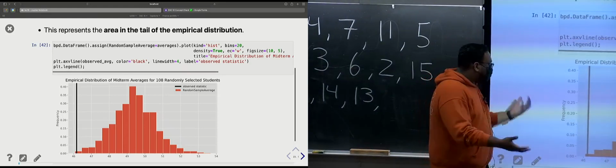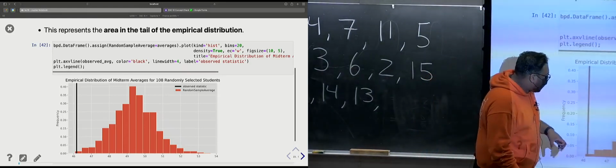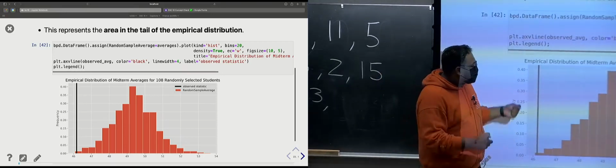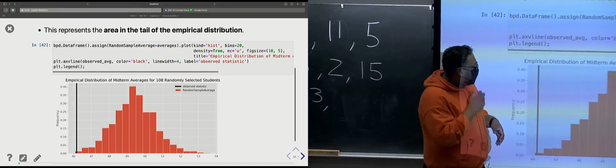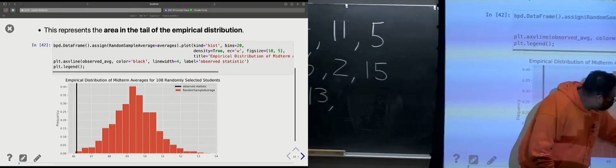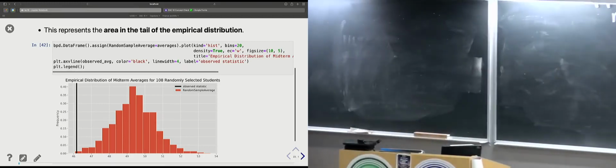And this is saying, for instance, the probability that a randomly selected group of 108 students have an average midterm score of greater than 51 is whatever this area is, maybe like 8%. Okay, or the probability that a randomly selected group of 108 students have an average score of 50 or higher is whatever this area is. So starting here, all the way there. That's maybe 30 or 40%.